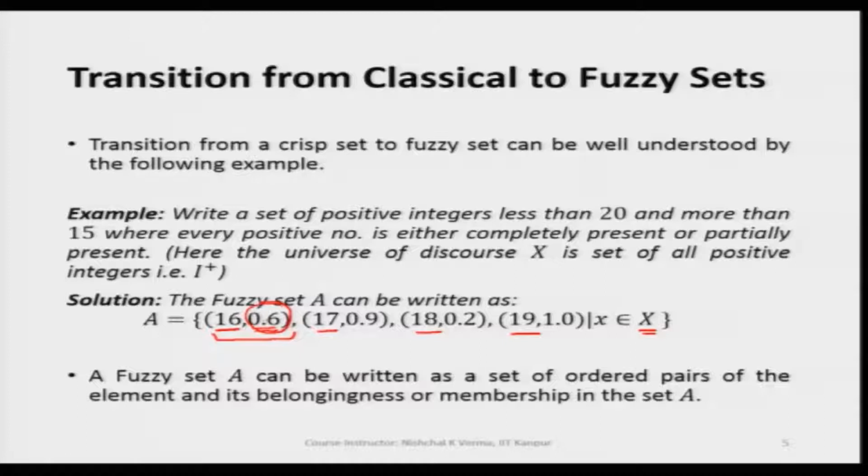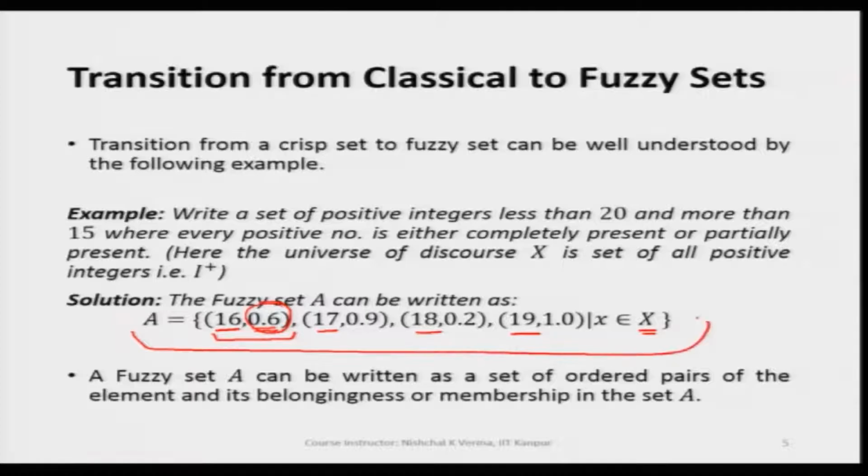That is why the degree along with the element is needed, and that is why in a fuzzy set every element is paired with some degree, and that is how a fuzzy set is formed.